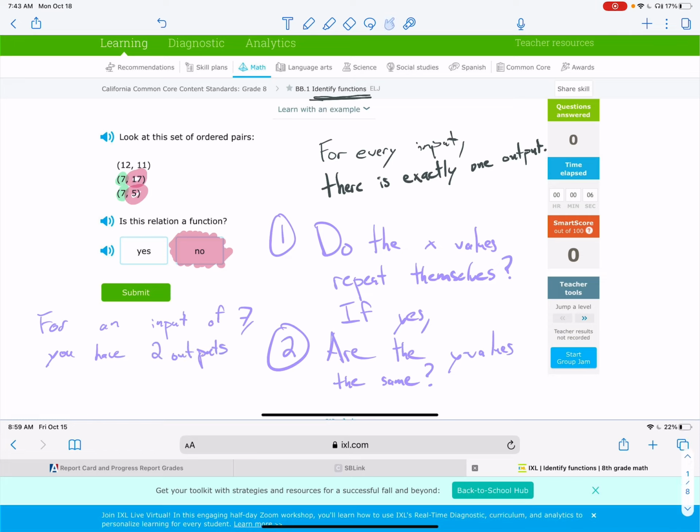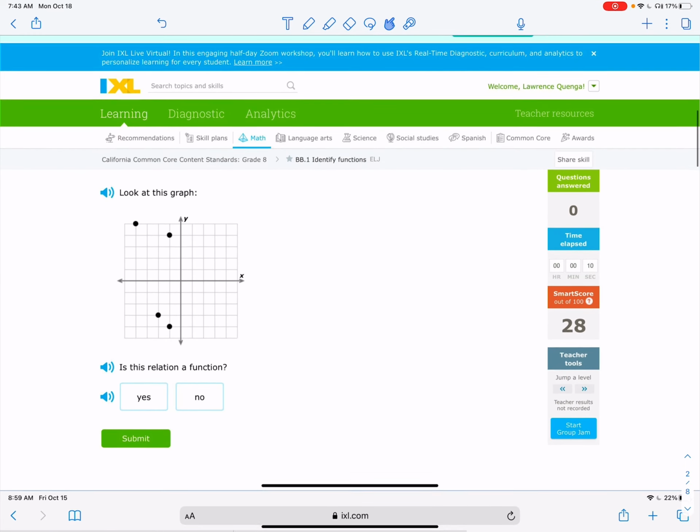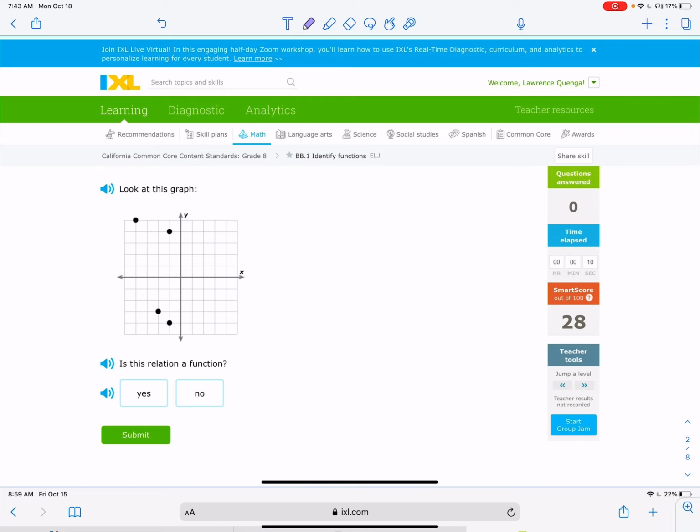Okay, so let's move on to another one here. Here what we need to do is draw a series of vertical lines, because this right here is my x-axis. If I have an input of 4, I need to make sure that this is only passing through one point, because if it passes through more than one point, that means it has more than one y value for a given x value.